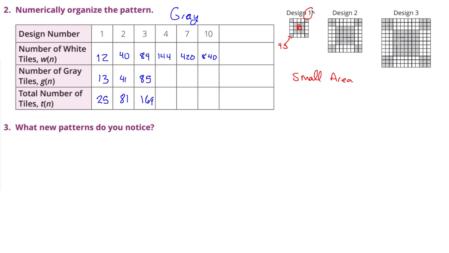If I look at my design number, this is a 1 by 1. This is a 2 by 2, 3 by 3. It looks like that is design squared, so n squared. And I had 4 of those, so 4n squared.